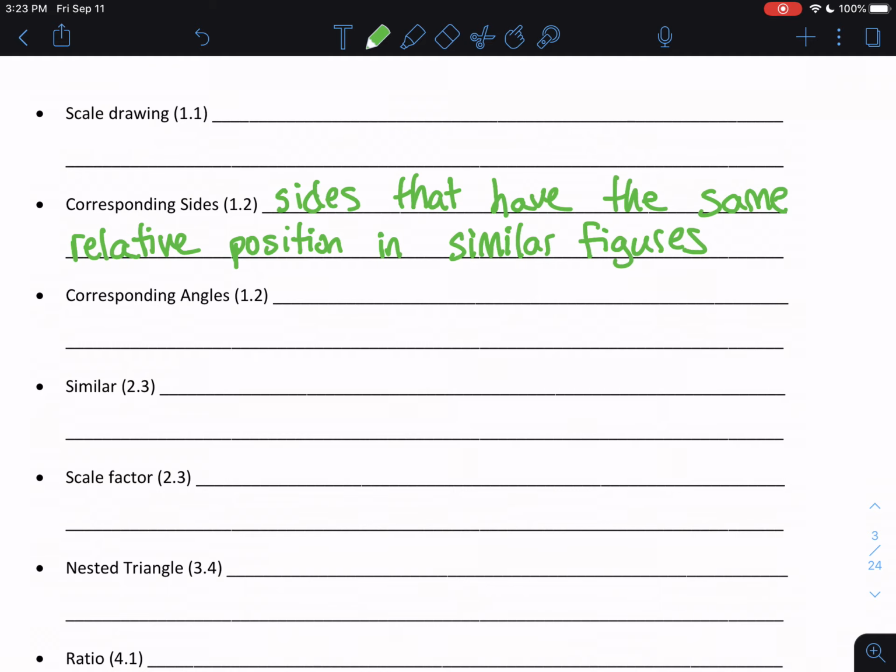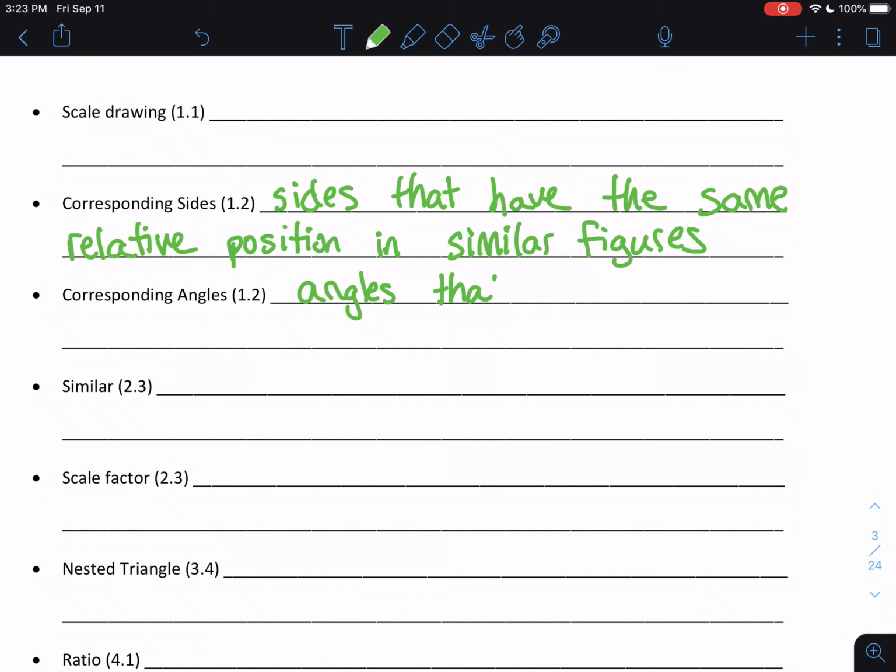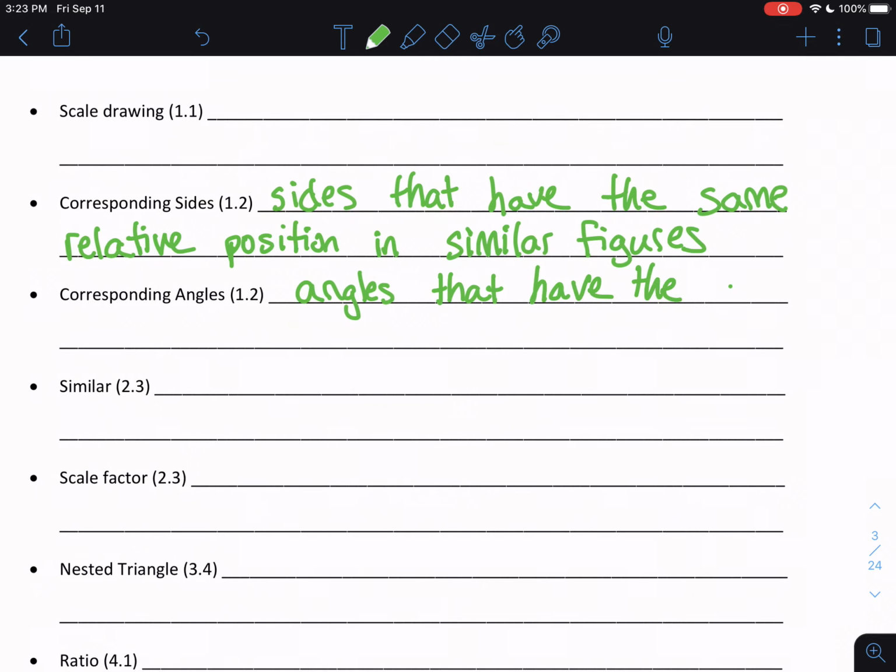And corresponding angles are angles that have the same relative position in similar figures.